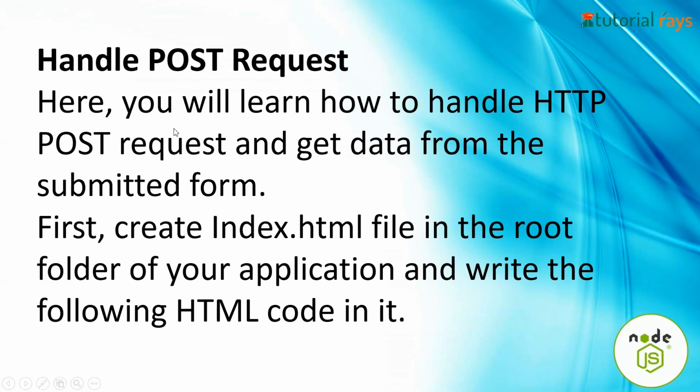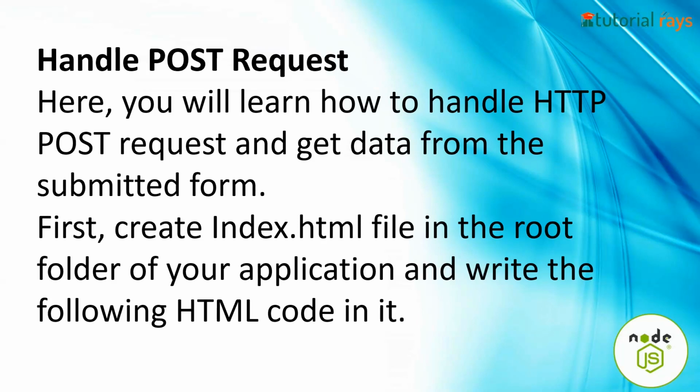Now we will see especially how to handle post request. Here you will learn how to handle HTTP post request and get data from the submitted form. In this case, we just used Postman, but in practical the user will be using a form, not Postman at all. Postman is for testing purpose only, not for the end user.